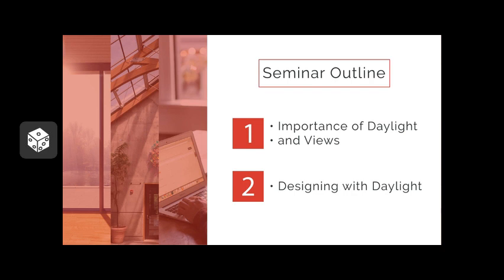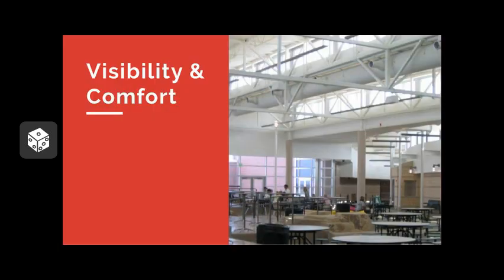As I mentioned, the importance of daylight and views and designing with daylight. If you look at daylit spaces, some of them you really like, and others may not be so pleasant. And you start to figure out what it is about the daylit space.